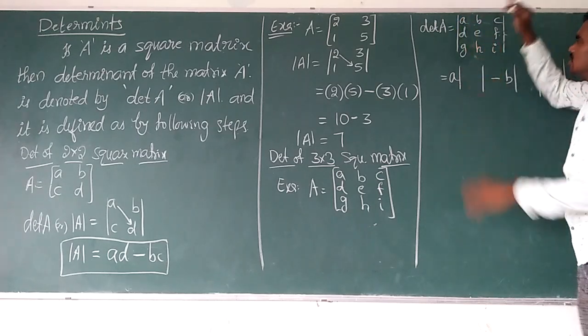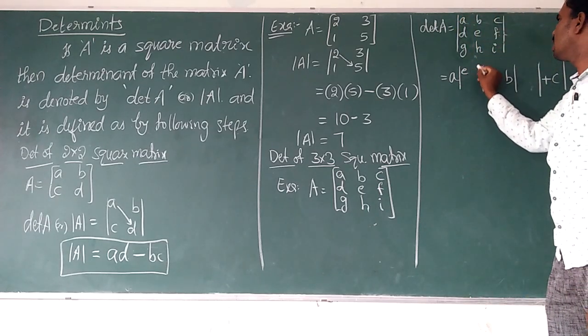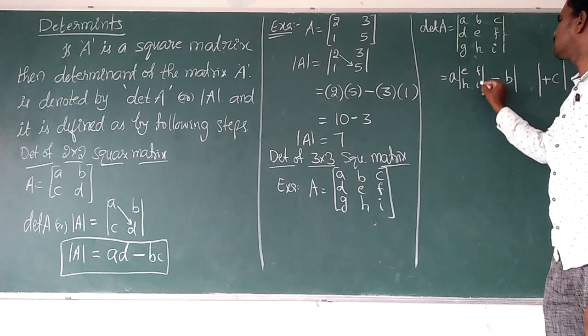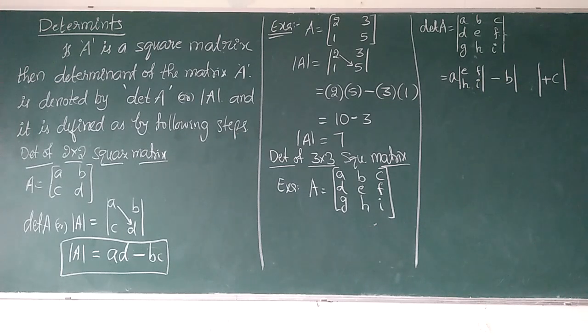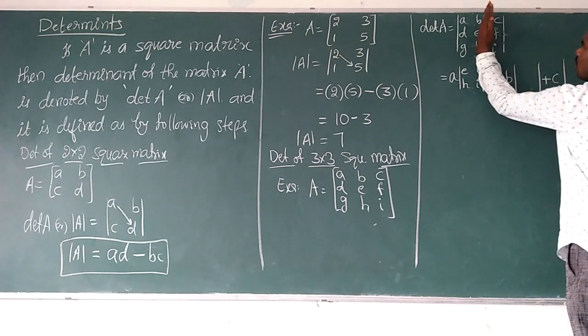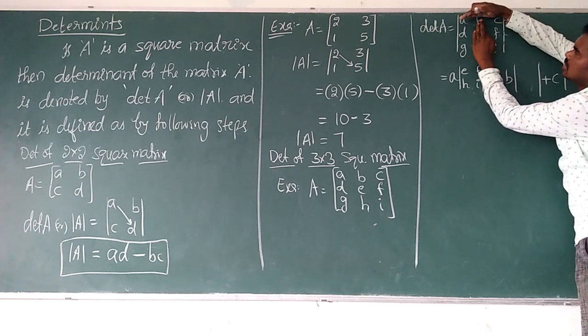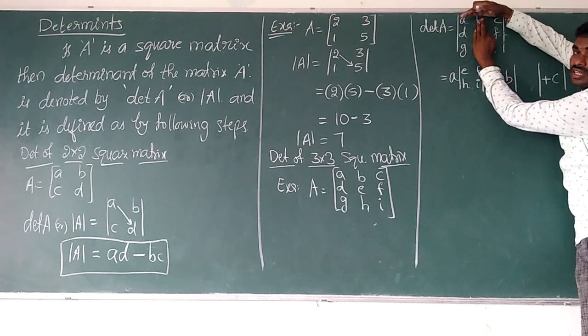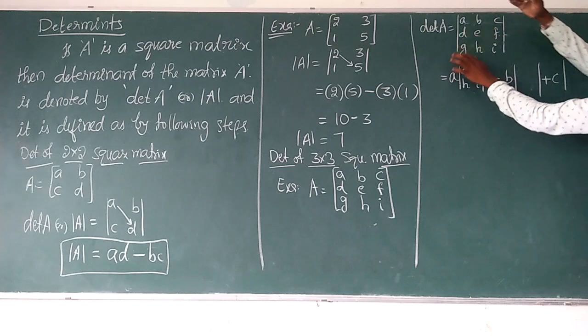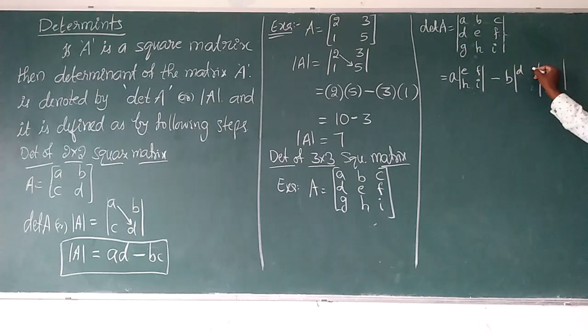E, F, H, I. So note down E, F, H, I. Then for B, close the B column and B row. What are the remaining elements? D, F, G, I.